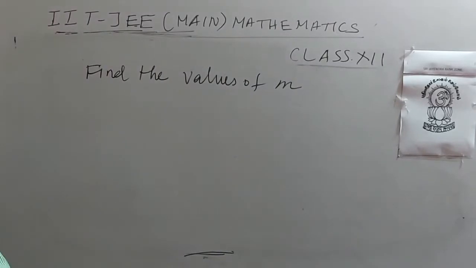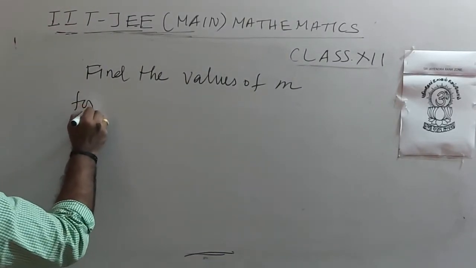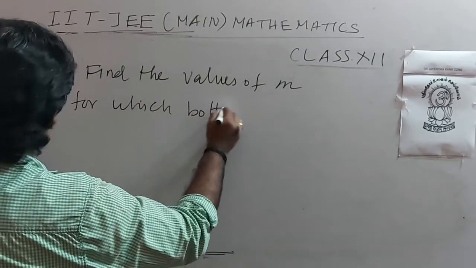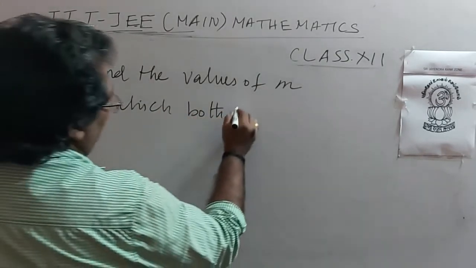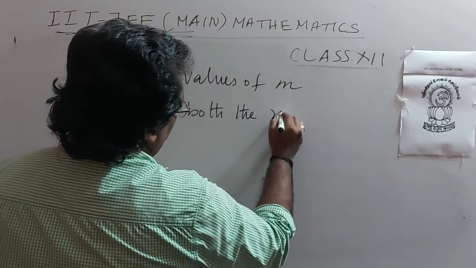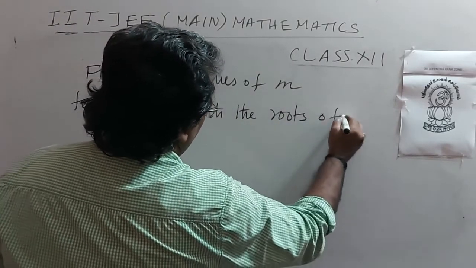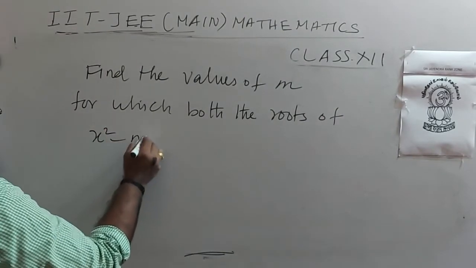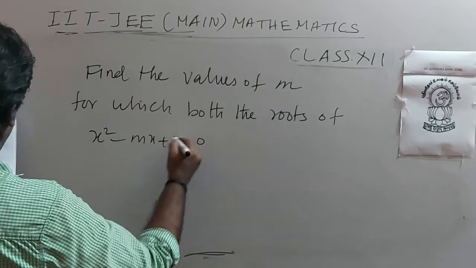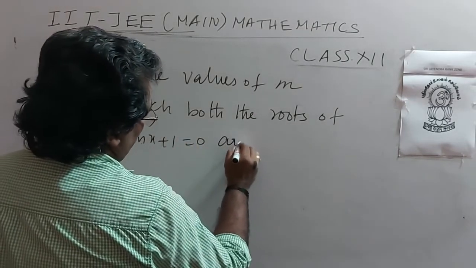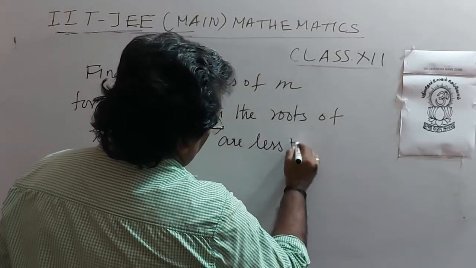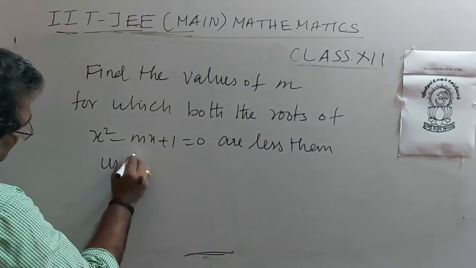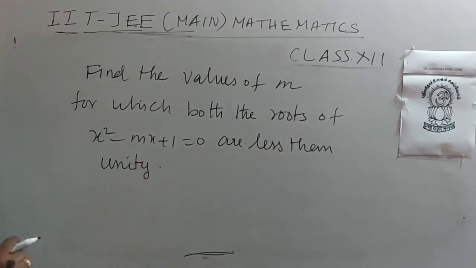Find the values of m for which both the roots of x squared minus mx plus 1 equals 0 are less than unity.